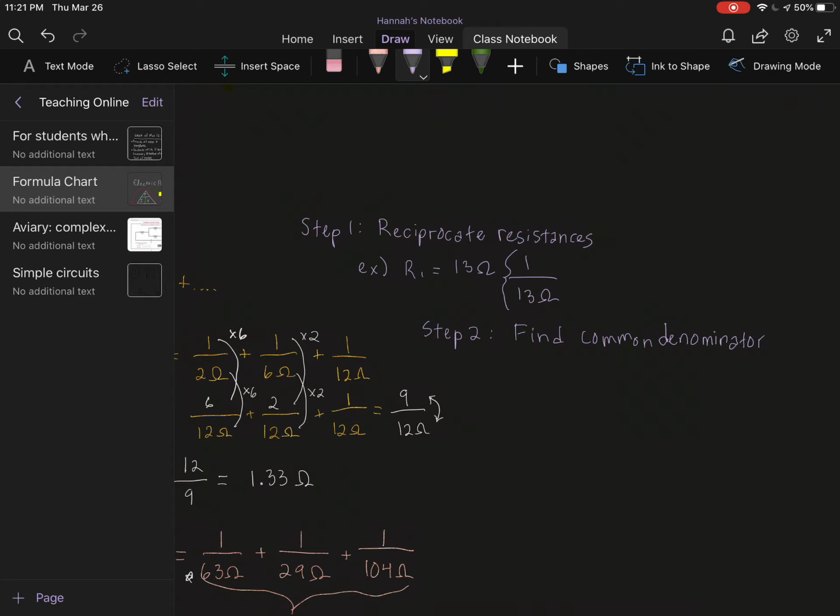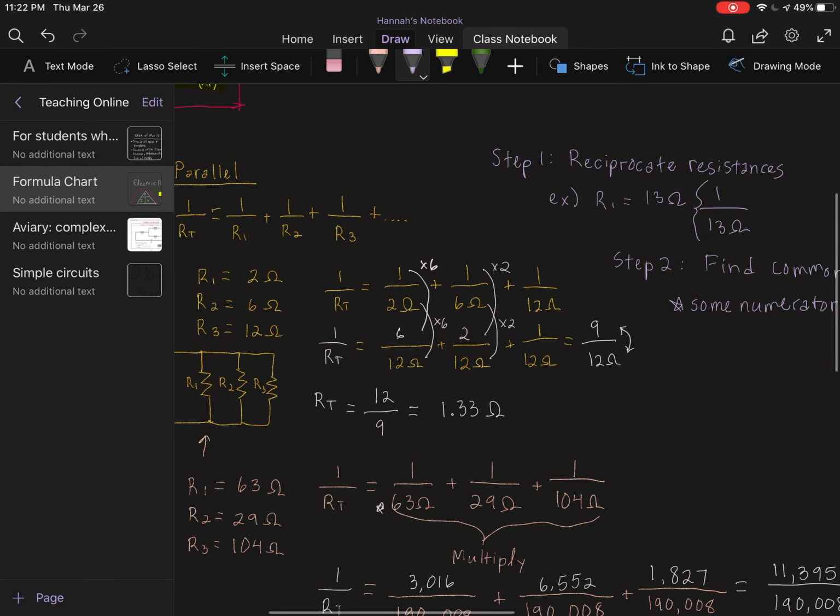Okay, and your numerators are not going to all stay 1. Once you find your common denominator, some numerators may change, especially if the denominator had to change. But as you saw in my first example, 1 over 12 ended up staying the same.